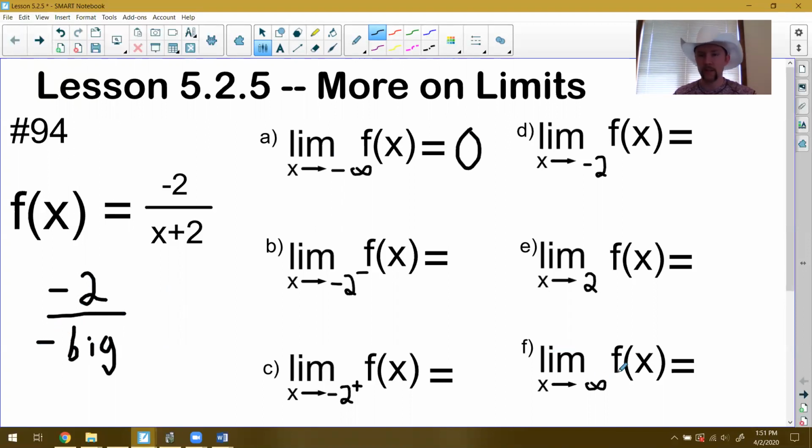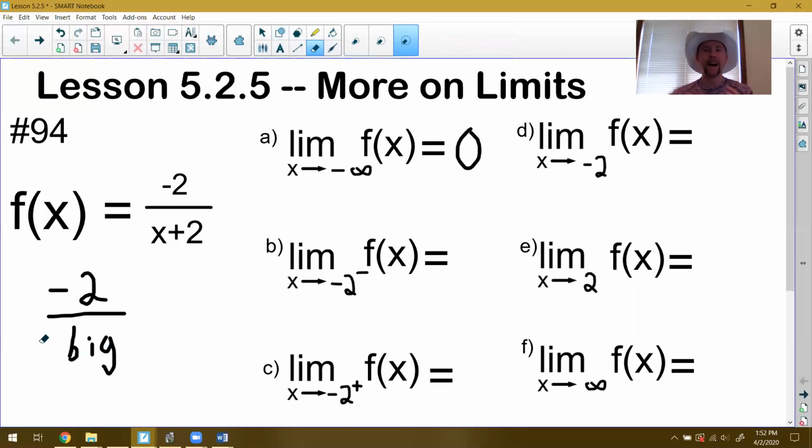If we look at this limit now as x is approaching positive infinity, it's going to basically be exactly the same thing, right? If I think instead of negative 100 billion, if I think positive 100 billion, I should realize that the bottom of my fraction is not going to be negative, but it is still going to be something very, very big.